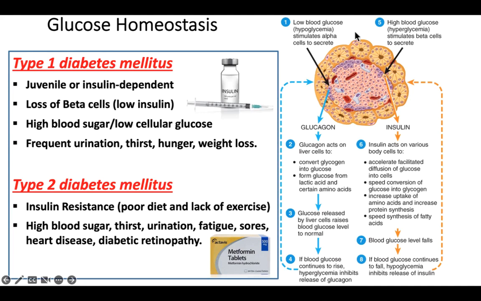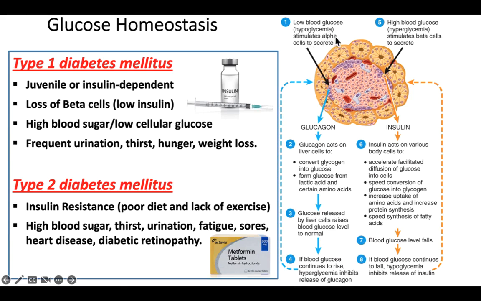Okay, so we got two situations. You're either low blood sugar, so you got a little hypoglycemia going on because you haven't had a meal in a while, or you've got hyperglycemia shortly after having a meal. Okay, so let's start here. Low blood sugar, hypoglycemia, stimulates the alpha cells.